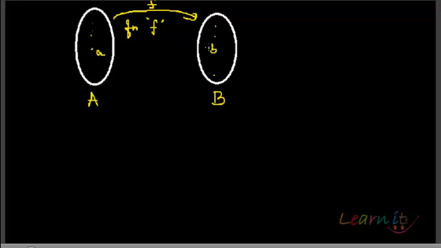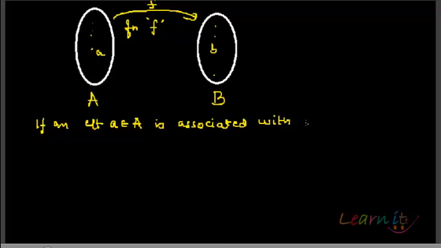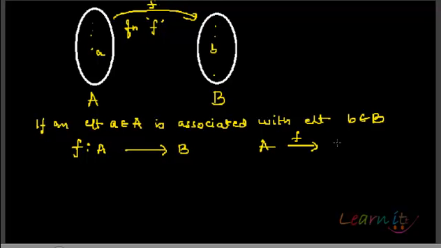Okay, now you can write it in two manners, as we saw in the definition. You either see it as a relation or you see it as a correspondence or an association. So if an element a belonging to A is associated to an element b belonging to the set B, then b is called the f image of a. b is the image of a under the function f.